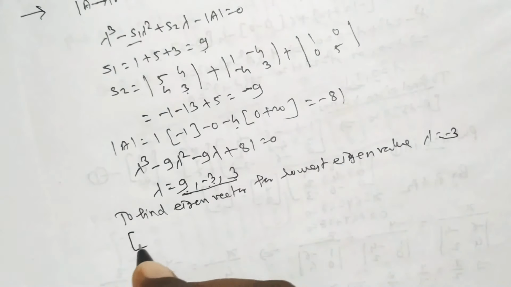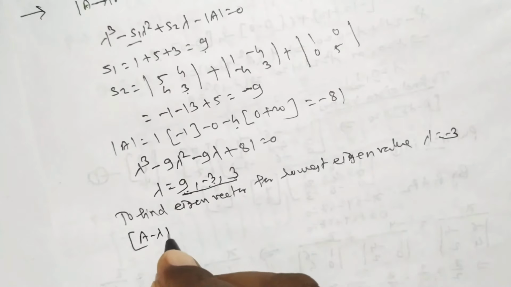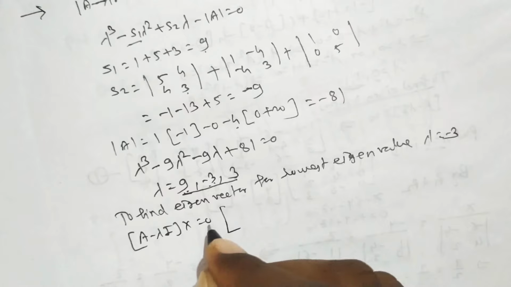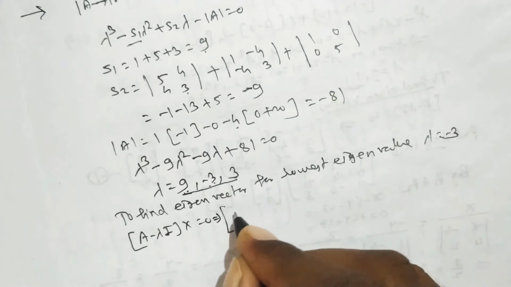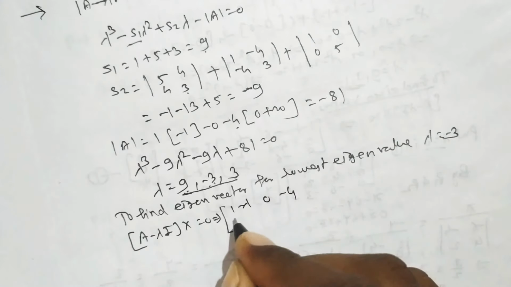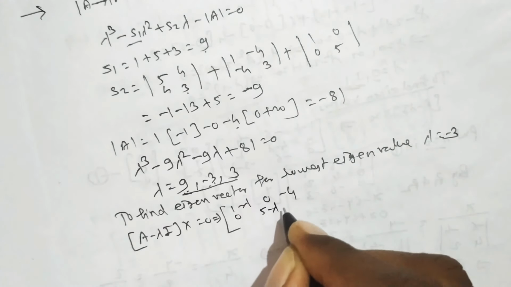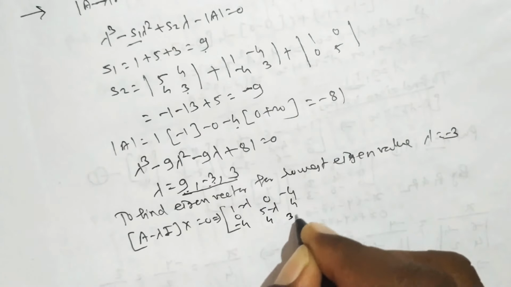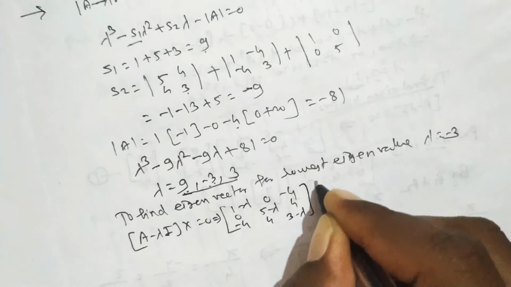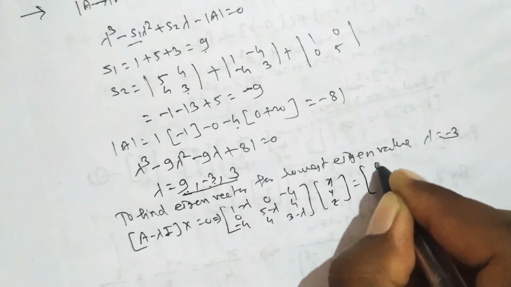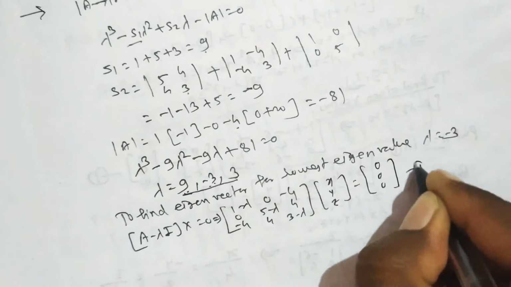For the eigenvector we consider the characteristic matrix: A minus lambda into x equal to 0. That is, the matrix 1 minus lambda, 0, minus 4; 0, 5 minus lambda, 4; minus 4, 4, 3 minus lambda, into x y z equal to 0 0 0. This is equation 1.